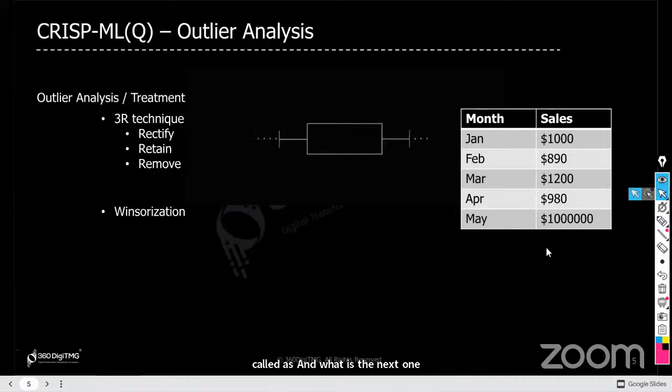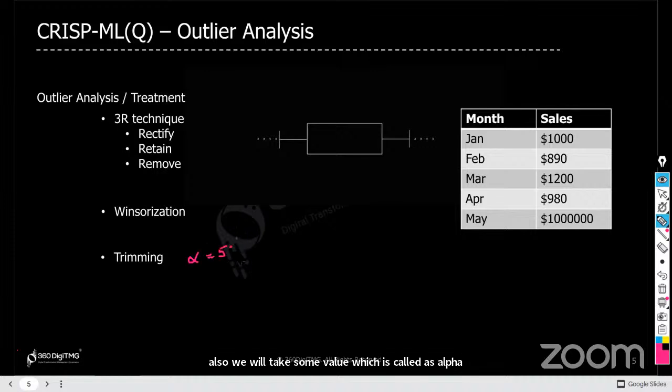The next one that we have is trimming. Trimming is an extension of Winsorization. Here also, we will take some value which is called the alpha value. For suppose I take the alpha value as 5%. Here, whatever values are less than the 5th percentile, they are trimmed off, which is called remove.